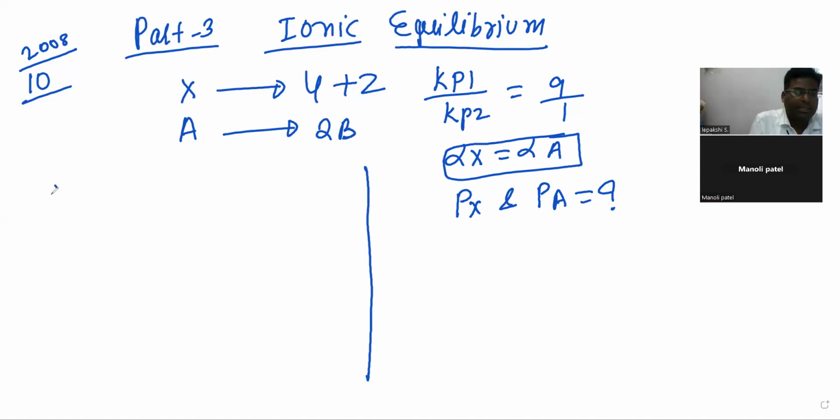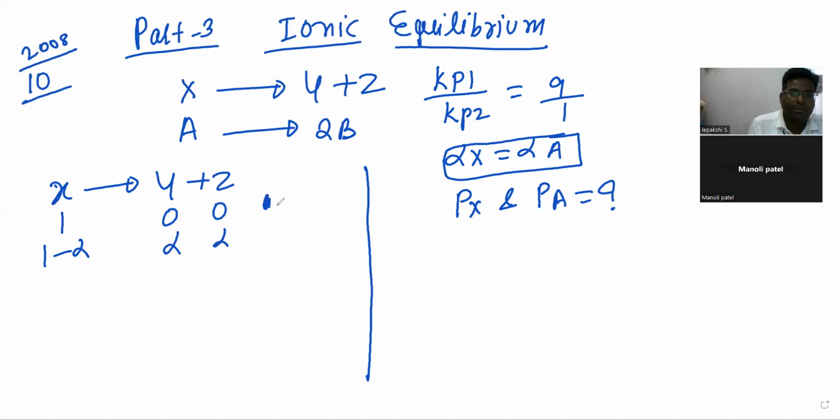Suppose initially X we have taken as 1, and it is dissociating into Y plus Z. So the initial value of X is 1, and Y and Z are 0, 0. At equilibrium, it will become 1 minus alpha, alpha and alpha.